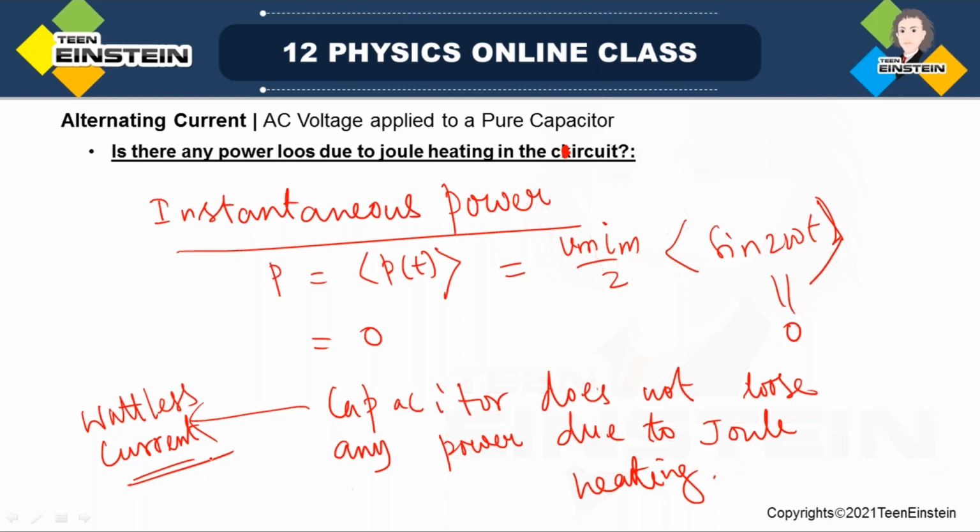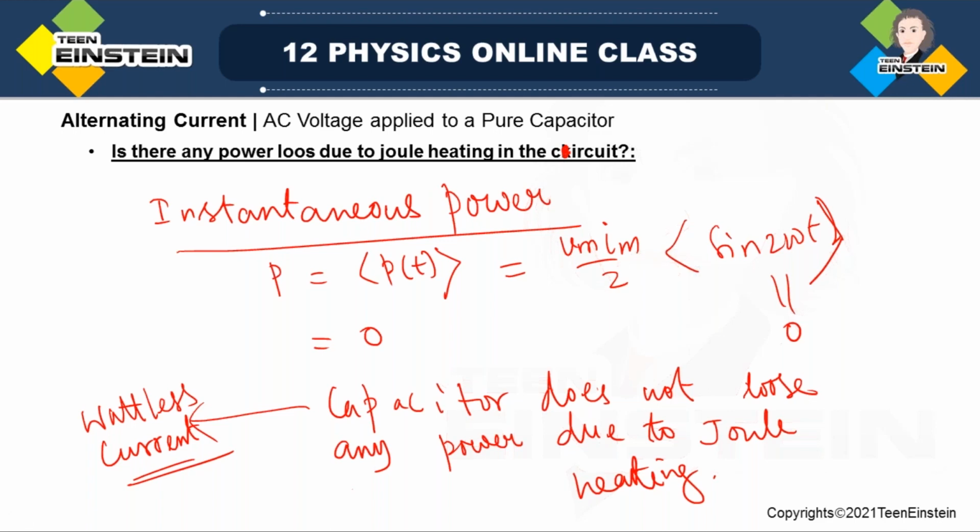So why is this power not being consumed by the capacitor? That is explained very nicely in your book. I'll just briefly tell you how to analyze that there is no power dissipated, similar to the inductor.